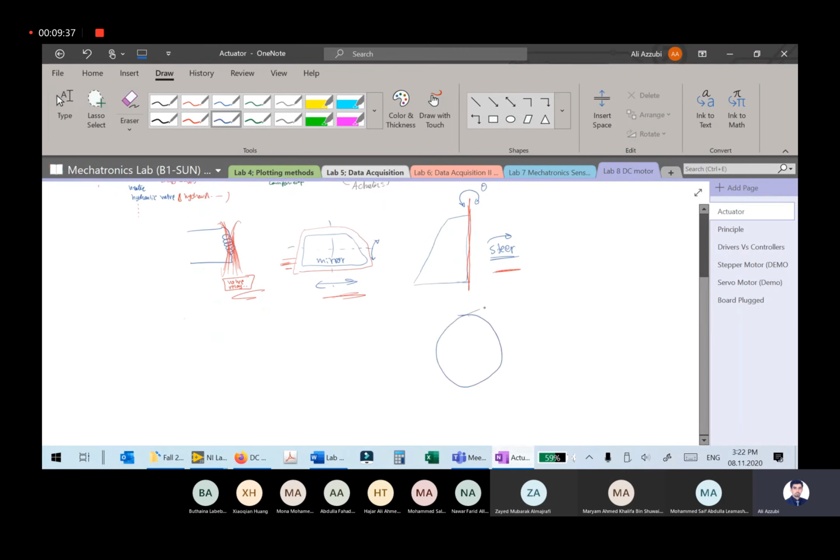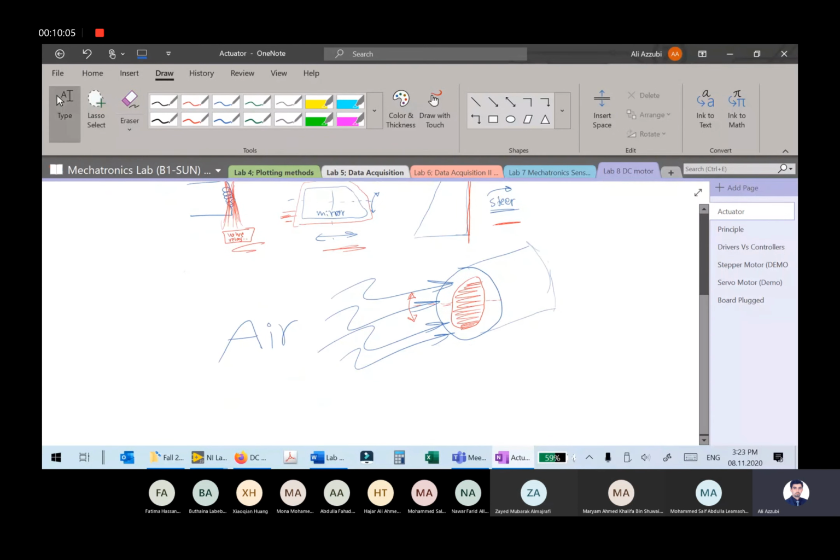Who can tell me what this is? Not yet. Oh, wait. It's hard to draw this. In cars, where do you see this one?